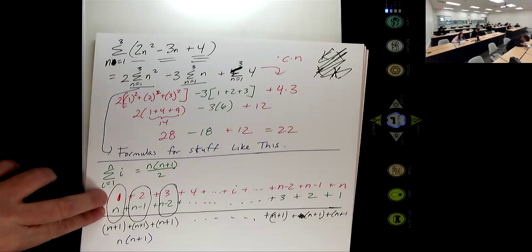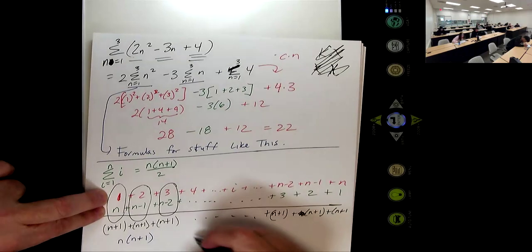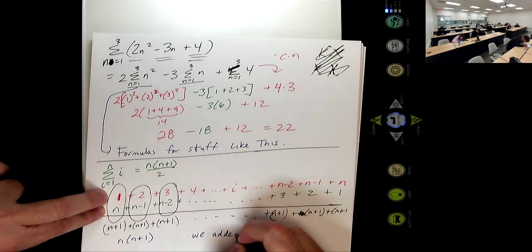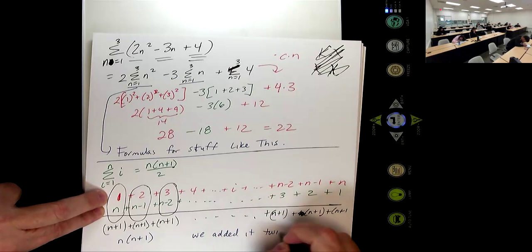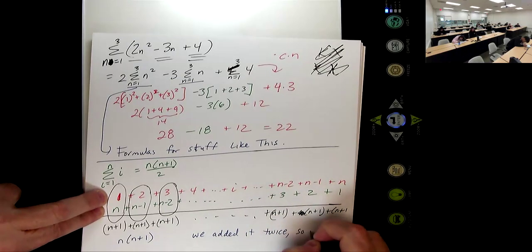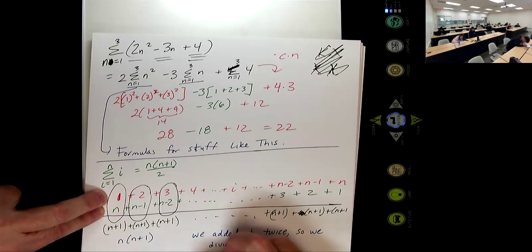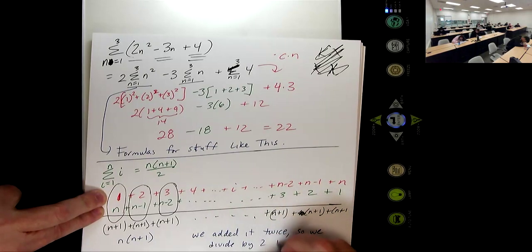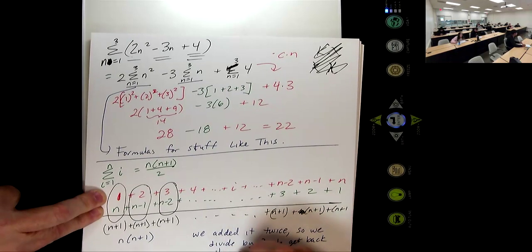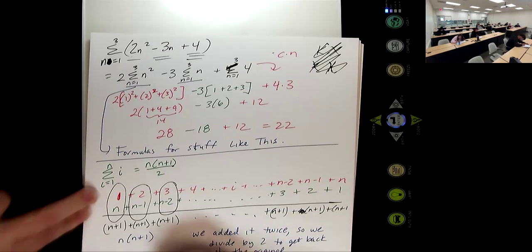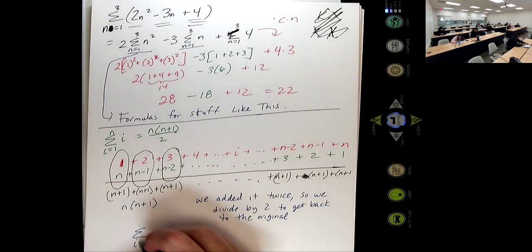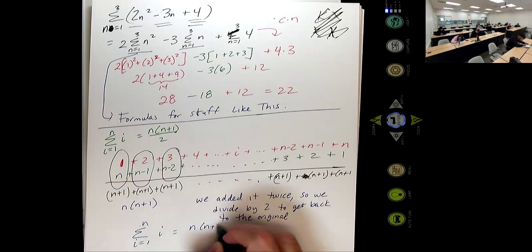But this is adding up the index twice. We added it twice. So we divide by 2 to get back to the original. So the sum from I equals 1 to N of I is N times N plus 1 over 2.